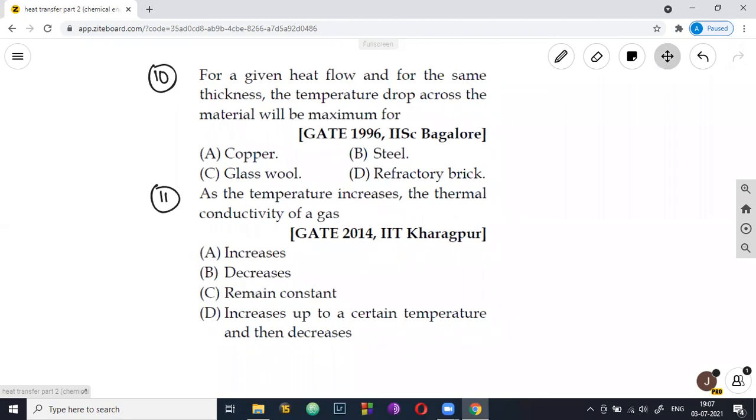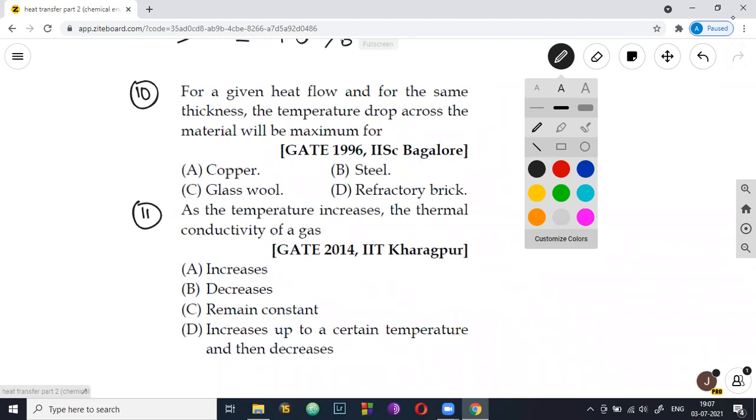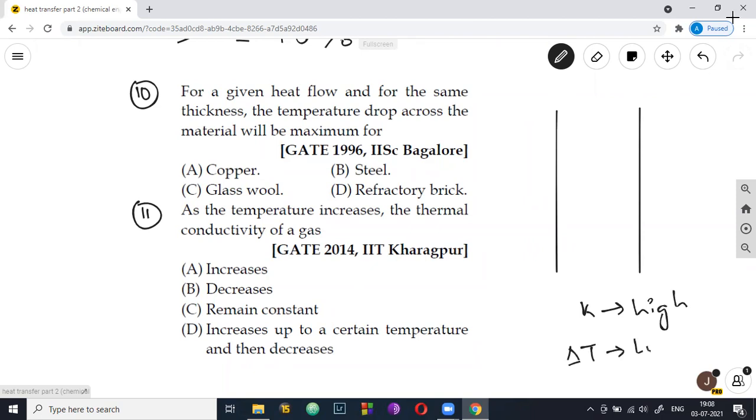If we draw a plane wall here, the material which has a high K value means the temperature drop will be low. Delta T will be low.